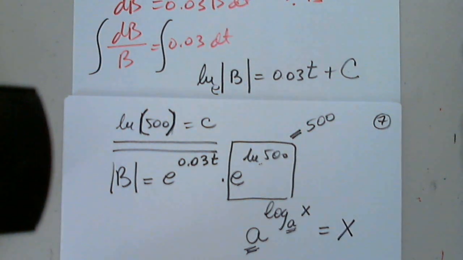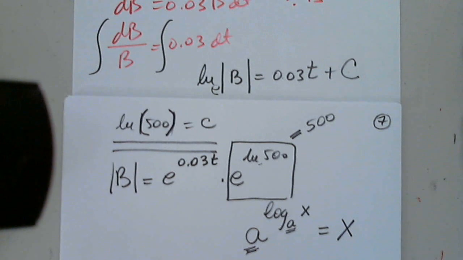In case you forget this property, you can plug it in. Just write e raised to the power natural log of 500. Careful with parentheses. When I hit enter, I have to get 500, mandatory.